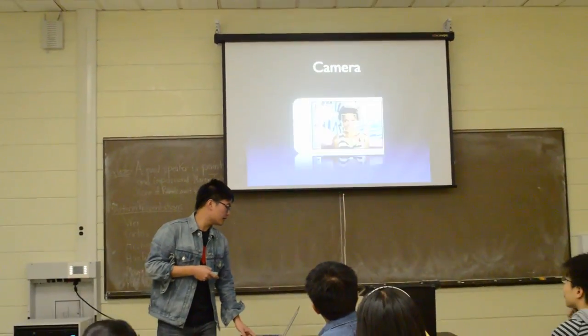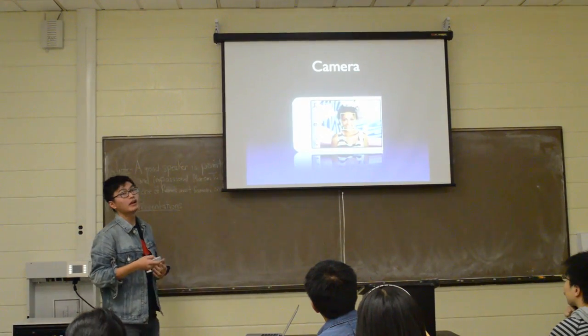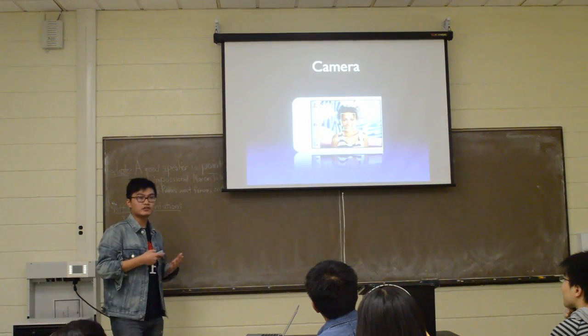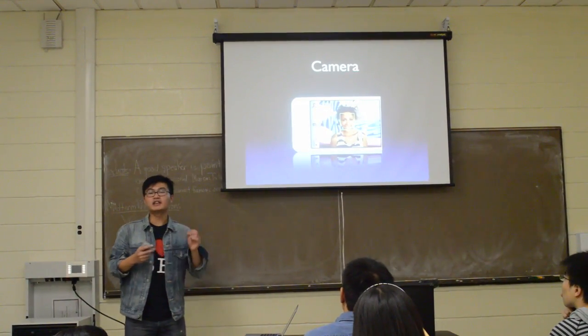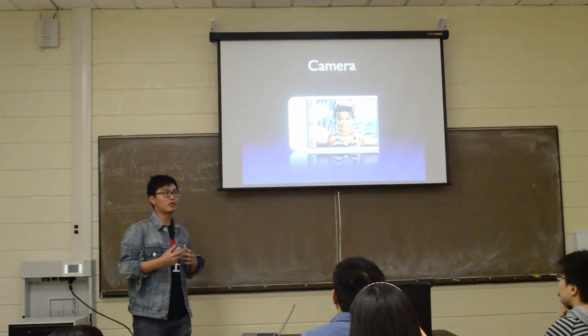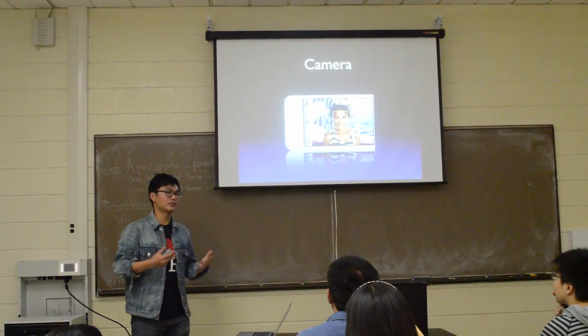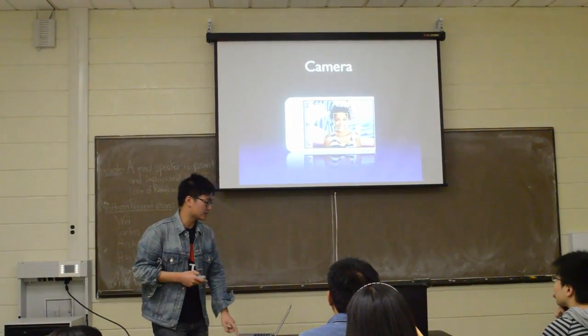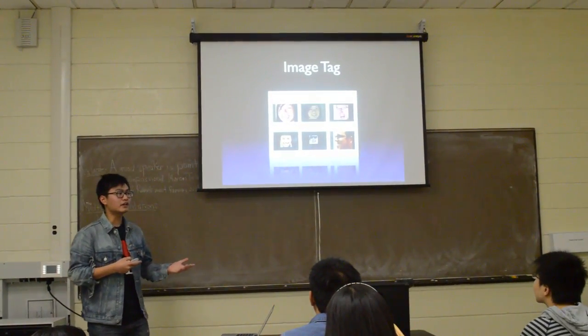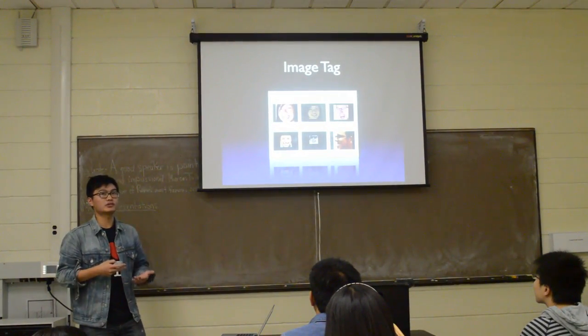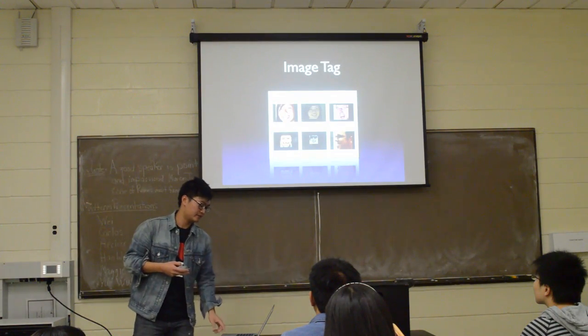Okay, so finally let's go see some applications. As I said, it's very useful in the camera. If you can detect the face in the image, you can adjust the lighting of the camera so you can capture the scene or the people better. And also Facebook can help you detect the face from the image, so you can help the user tag the face more easily.